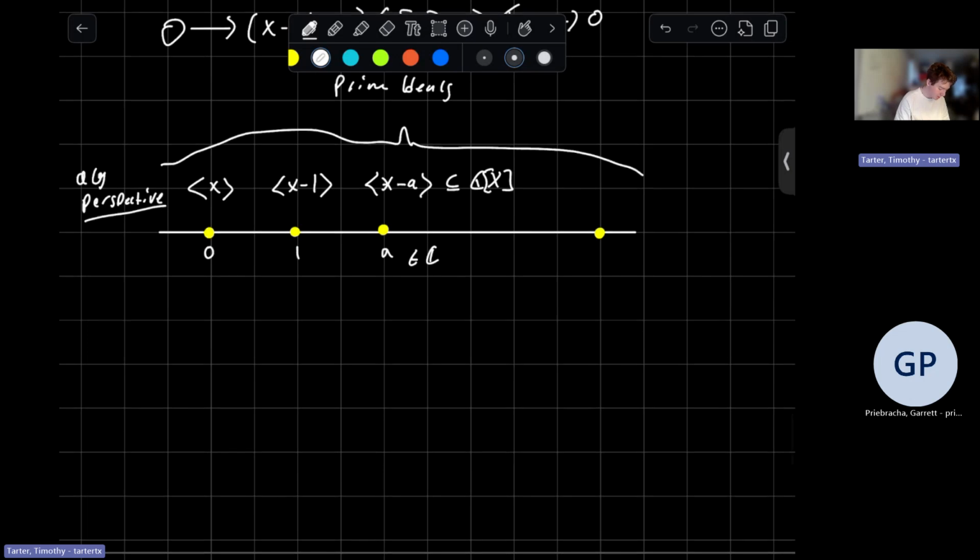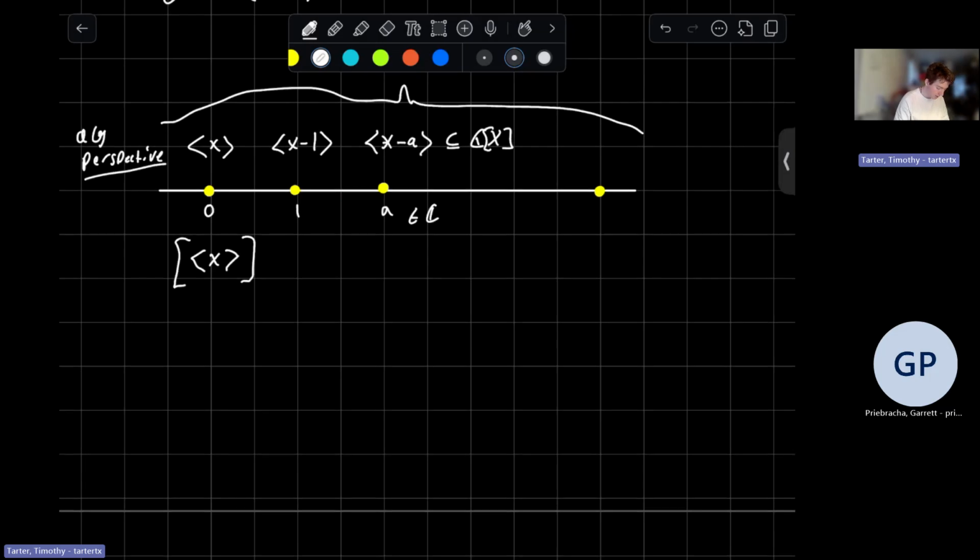And then the geometric perspective is that this is the spectrum element of the ideal.